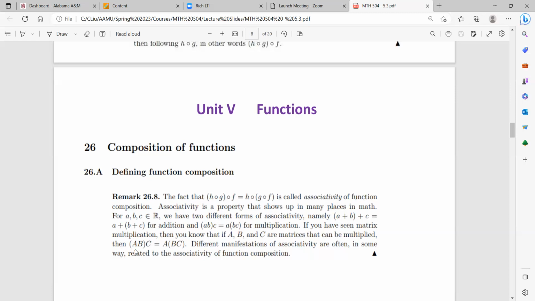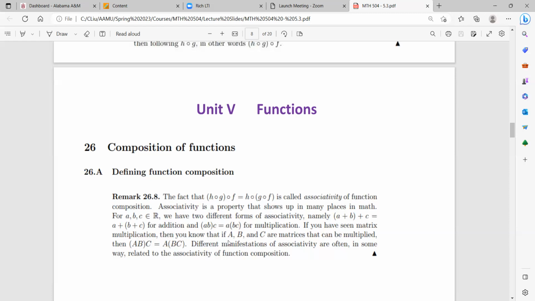Namely, if you multiply three matrices A, B, and C, you can either multiply AB first and then multiply with C, or you can multiply B and C first and then multiply A in the front. You get the same thing.